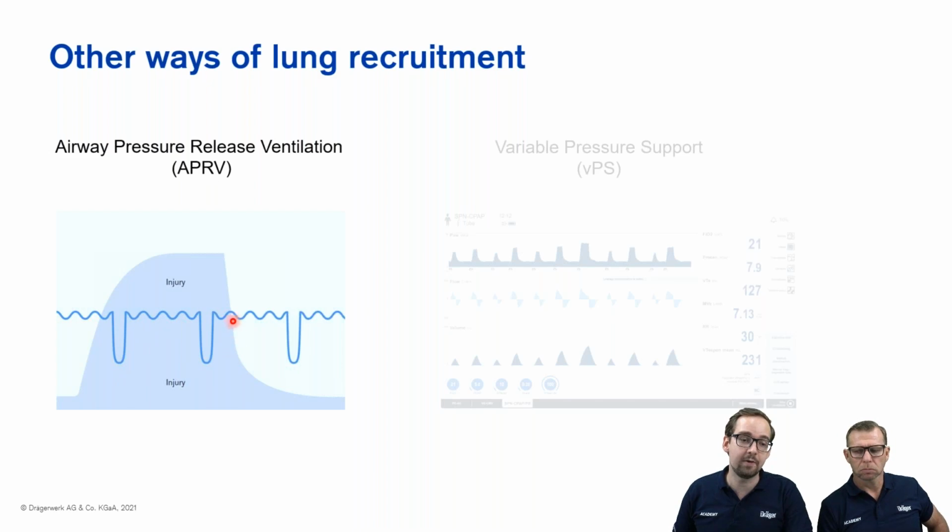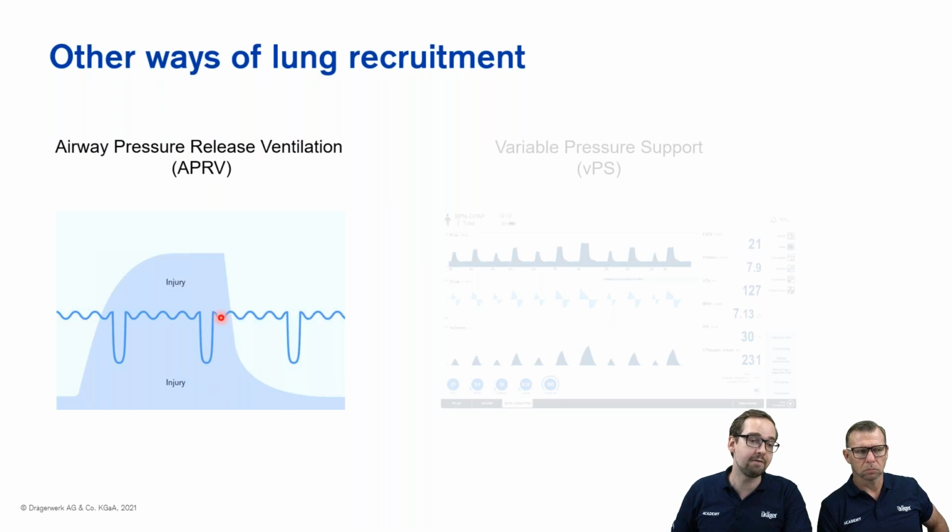But I think we see, especially in APRV, we are not really concerned about oxygenation, because these high mean airway pressures allow us to get oxygenation under control rather quickly. So the main focus is to make sure that we have stable blood gases, so looking at CO2 removal.